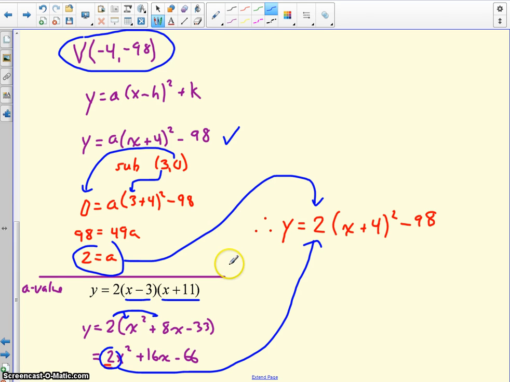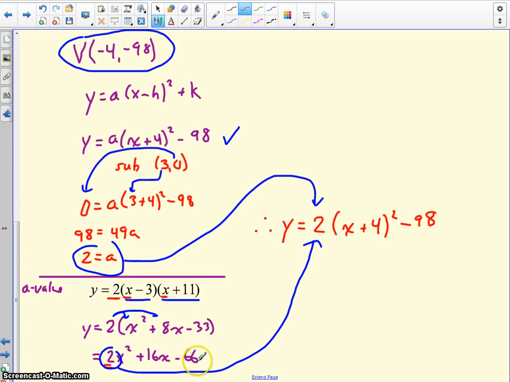One thing that you might find a little bit faster, if you are just trying to do the second method here, try and find the a value in standard form, you don't need to do the entire expansion to get into standard form to see the a value. All you need is the coefficient of x squared. So if you see this pattern, you can take the coefficient out in front here, 2, multiply it by the 1x and by the 1x here. So 2 times x times x gives me 2x squared.